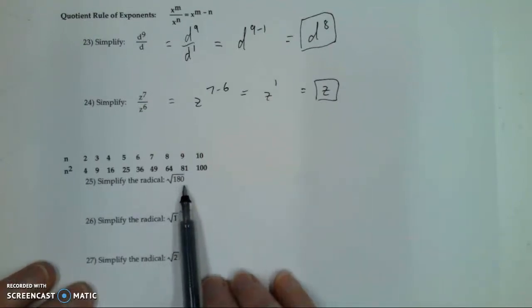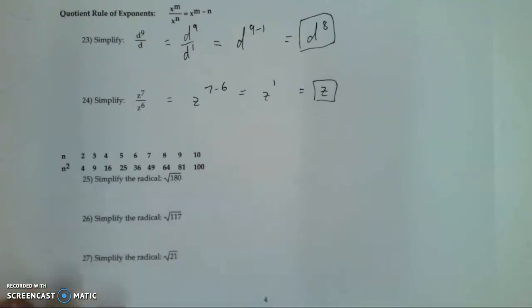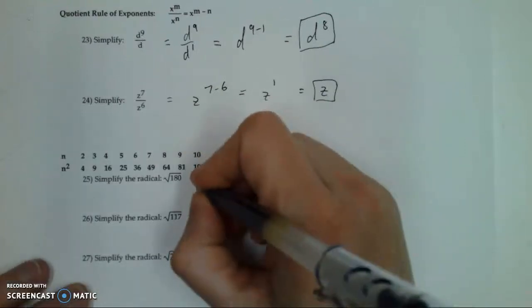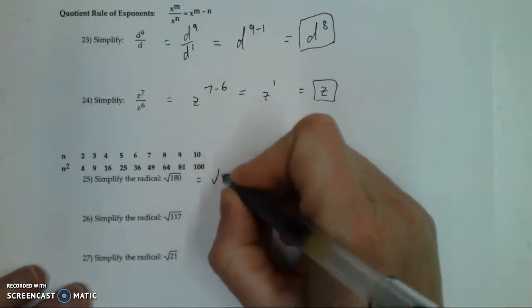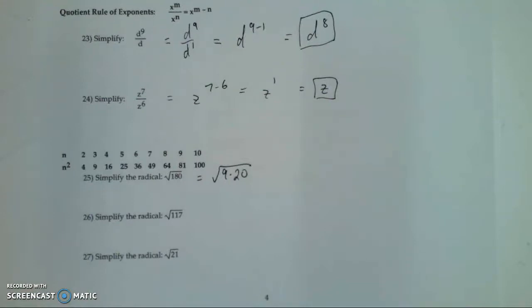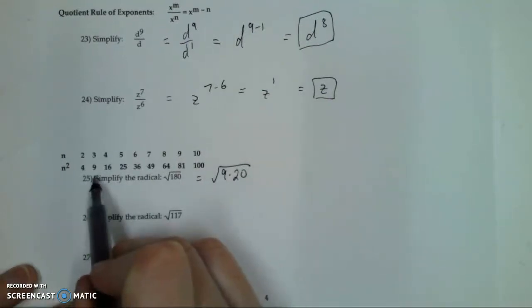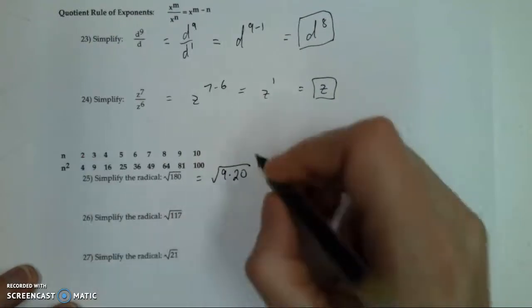What I want to know is 180, is that divisible by any of these perfect squares? And generally the way I do that is I start dividing it by some of them. It's not divisible by 4, but it is divisible by 9. So I'm going to rewrite this as 9 times 20. And I've still got it underneath the radical. Now 9 is a perfect square. The square root is 3.